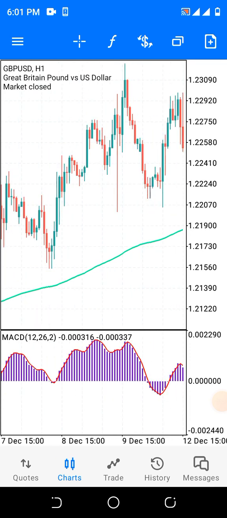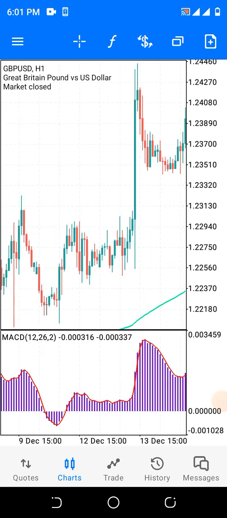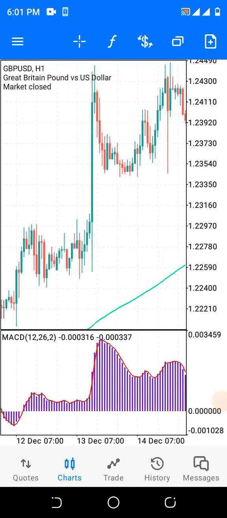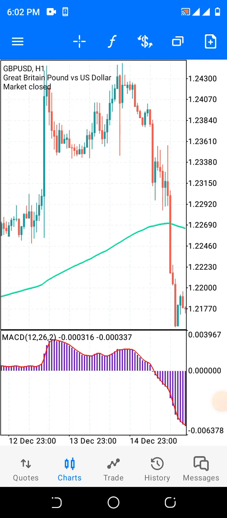Now the function of moving average is to tell us the direction of the market. The direction of the market is very important. Once you understand the direction of the market, all you need to do is key in that direction and look for where to make your entry in that direction.